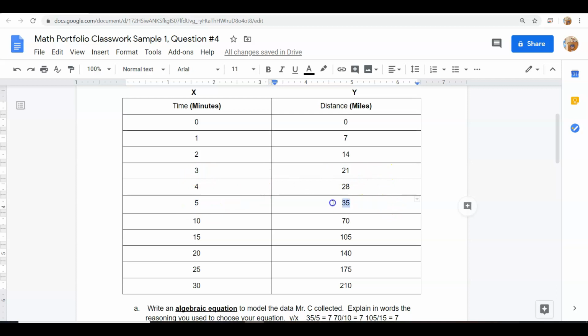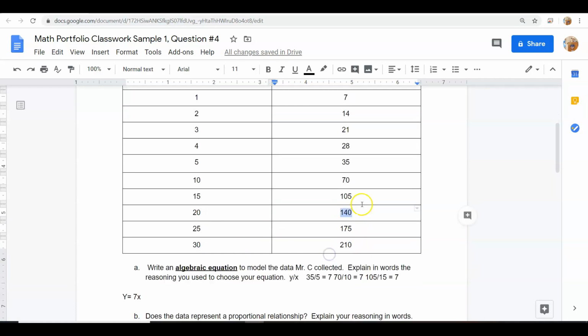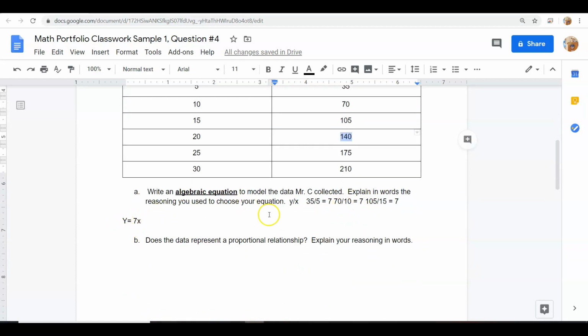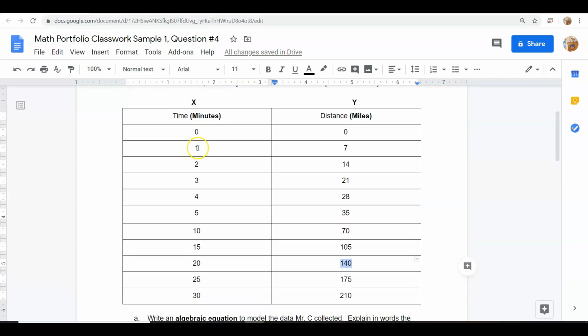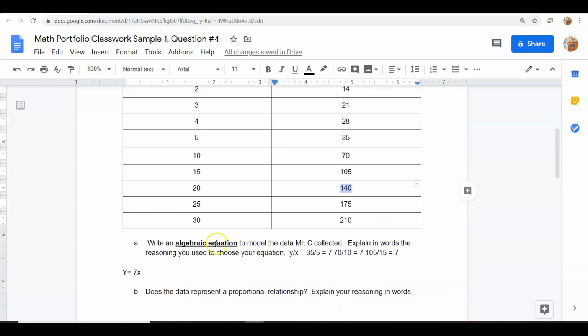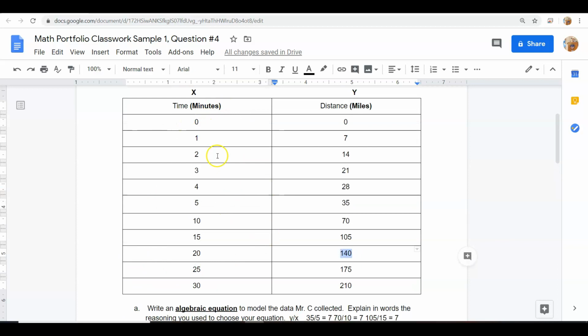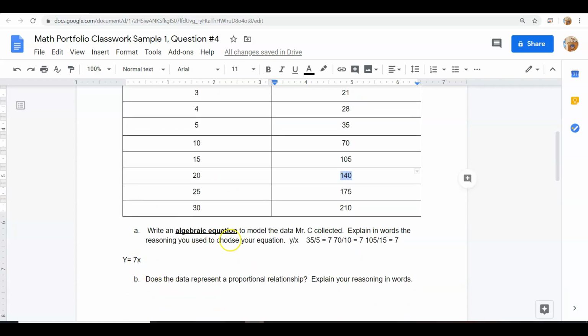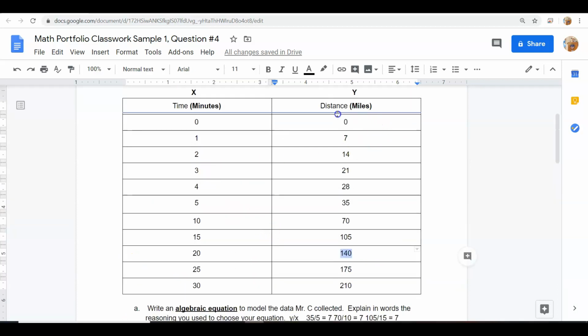This number times 7. 10 times 7. Even 20 times 7 is 140. So 7 times the x value, or 7 times the number of minutes. We just plug the minutes in here, and that'll figure out how many miles we go.